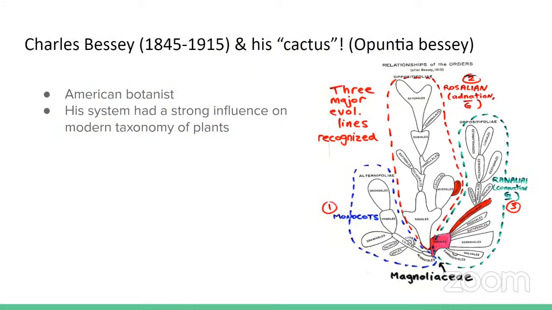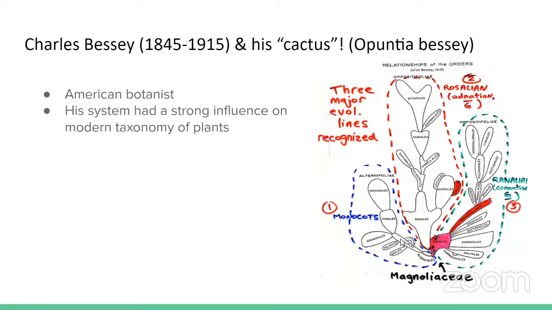This is just a fun picture of some early phylogenies, right? Our early phylogenetic trees don't look exactly the way some of our trees do now. Charles Bessey was an American botanist, and this is a pretty influential system, so I hear from other botanists.